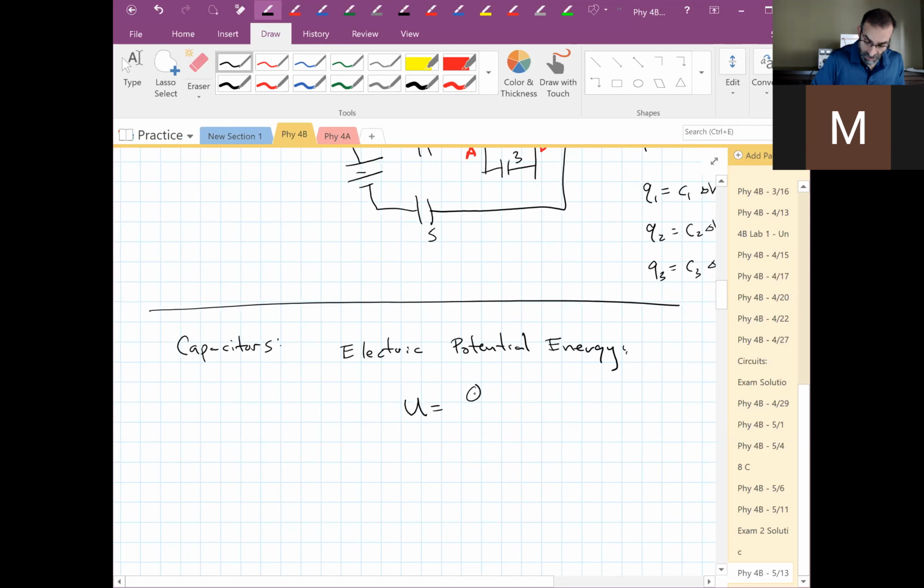For a capacitor, it's going to be Q squared over 2C, or 1/2 Q delta V, or 1/2 C V squared. And we can use that. Once you know one of these, you can very quickly get the other two forms, because this is for any capacitor.